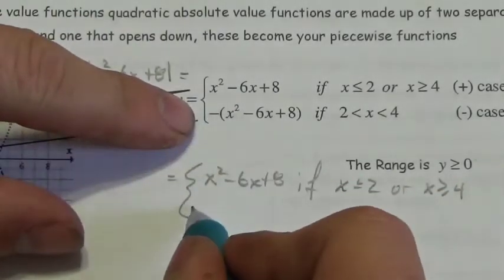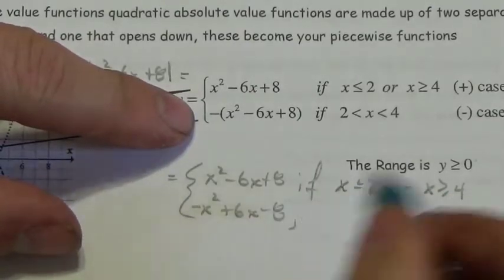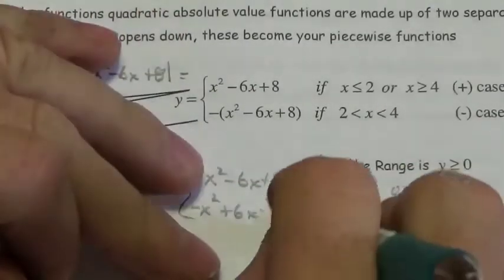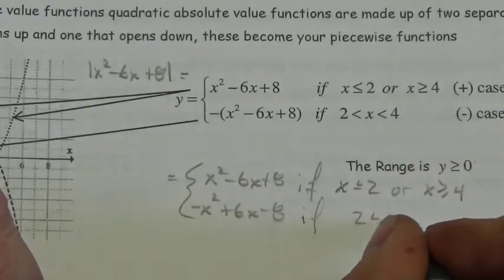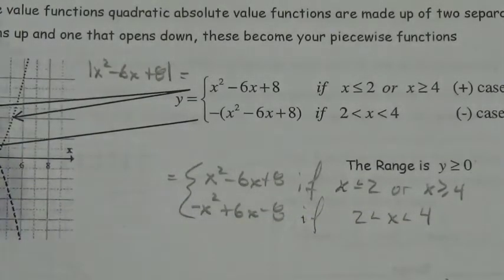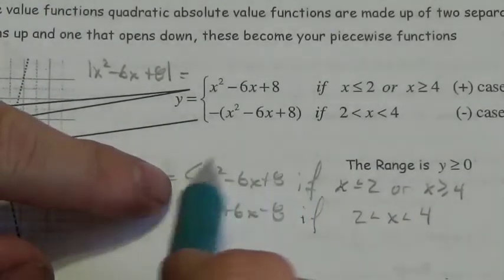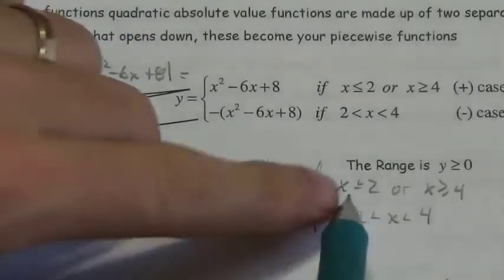Or I can multiply that negative through and get negative x squared plus 6x minus 8, and that's going to occur if we've got 2 less than x less than 4. Okay, so the part that's above the x-axis in this particular case didn't change. That's how I identify it.